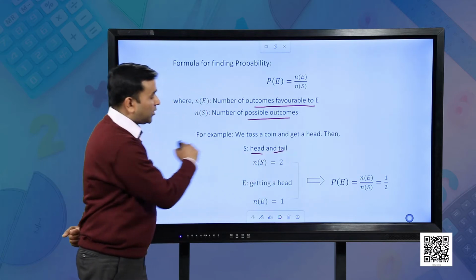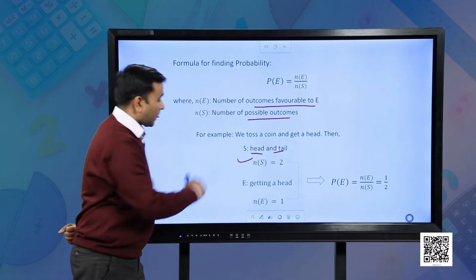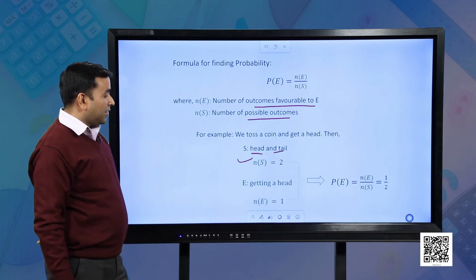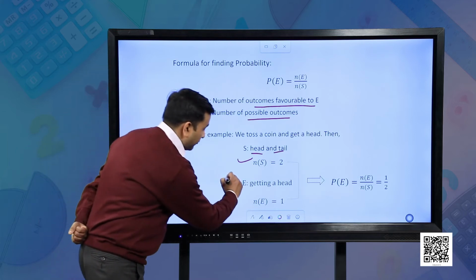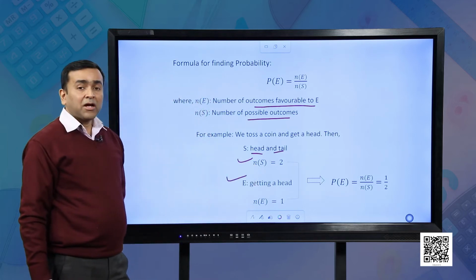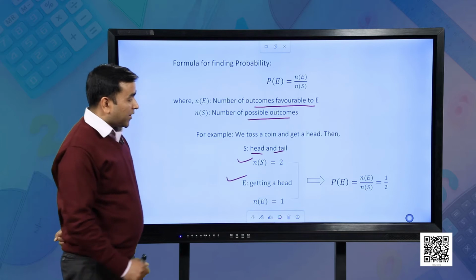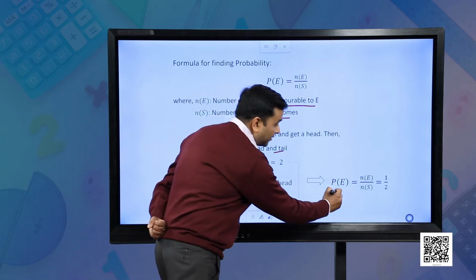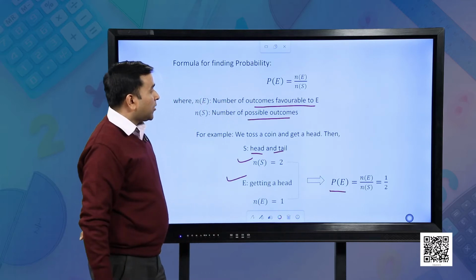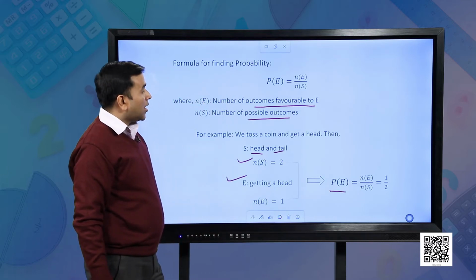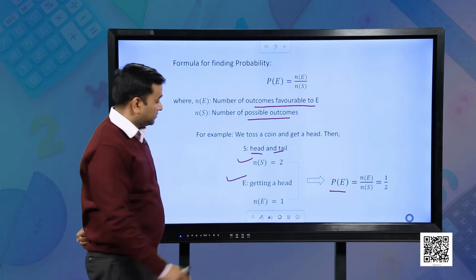So, the number of possible outcomes is 2. Let us suppose that the event is that we get a head, right. So, n(E) becomes 1. Let us find the probability. The probability is P(E) equal to 1 by 2, that is the number of outcomes favorable to E upon the number of possible outcomes.